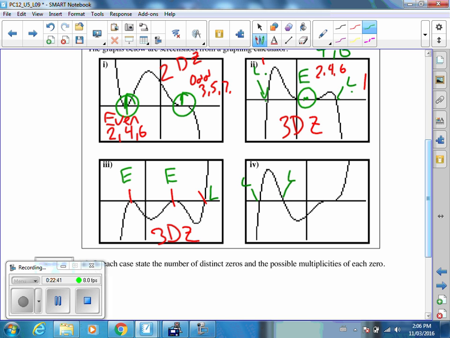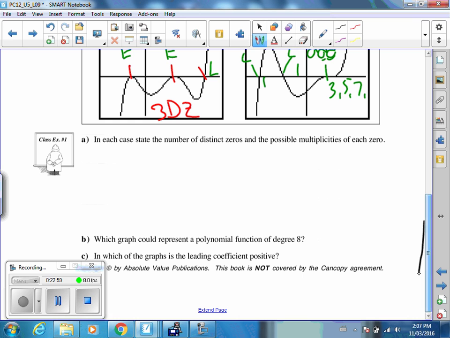Linear, linear, odd. I guess I can just use an O for odd. And again, this is 1, 1, this is 3, 5, 7, etc.